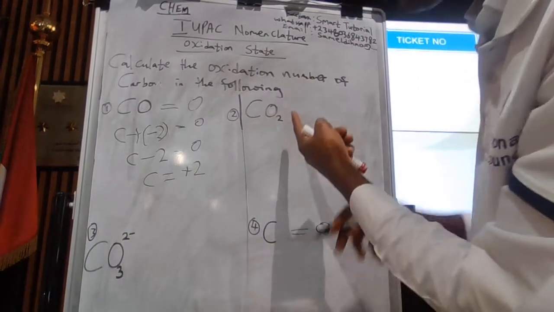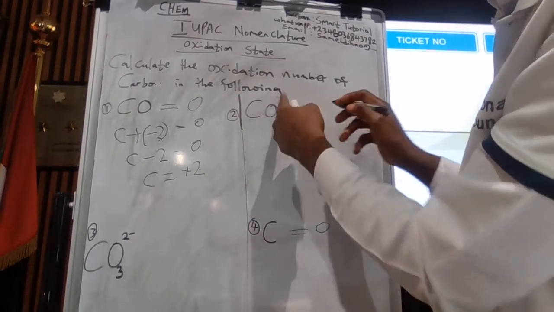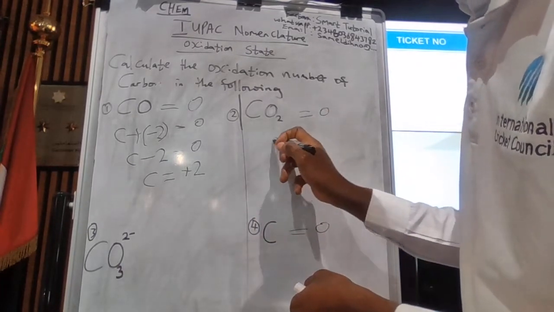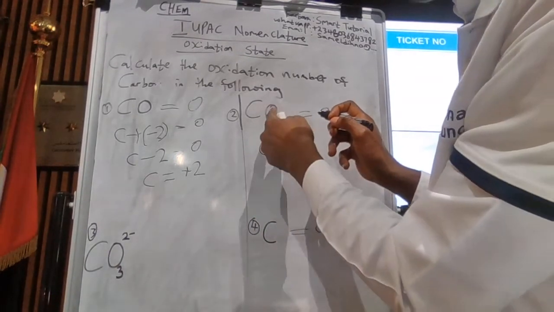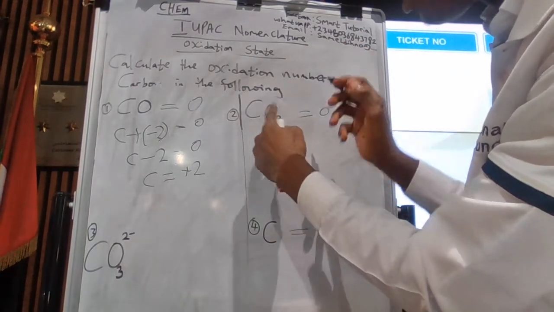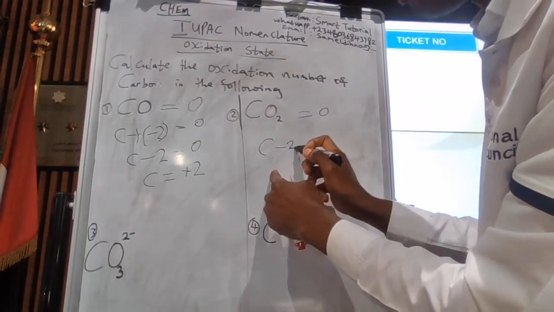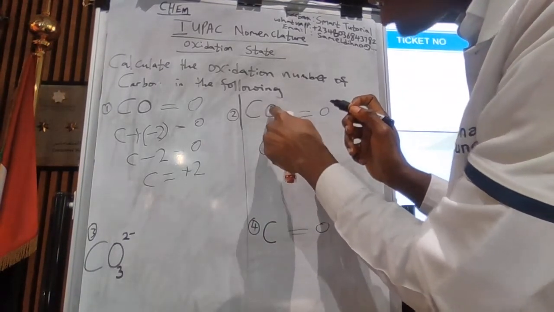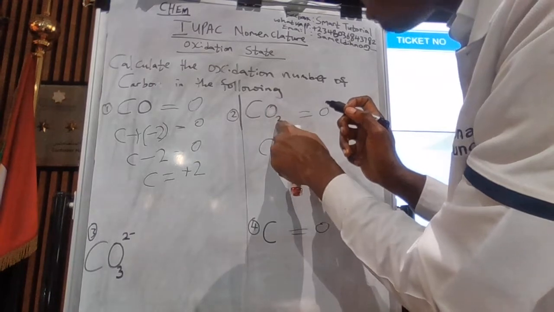This one also, the power here is 0, equals 0. Then from what we have here, oxygen itself is -2. But this 2 is different from this 2. This 2 is for the oxygen, but the -2 is different.